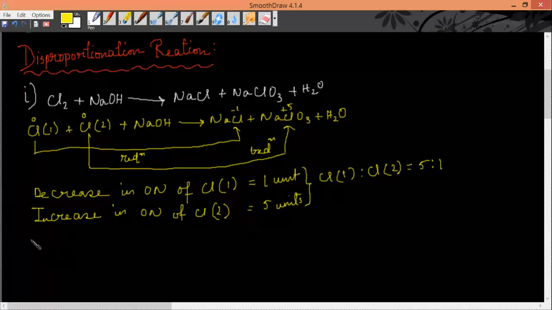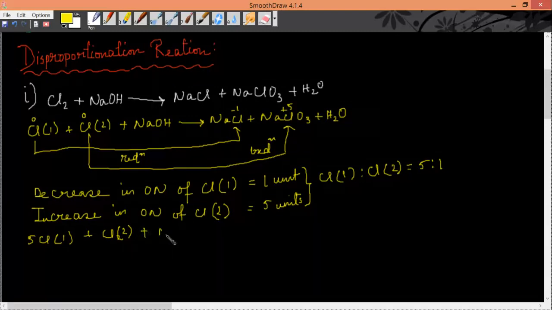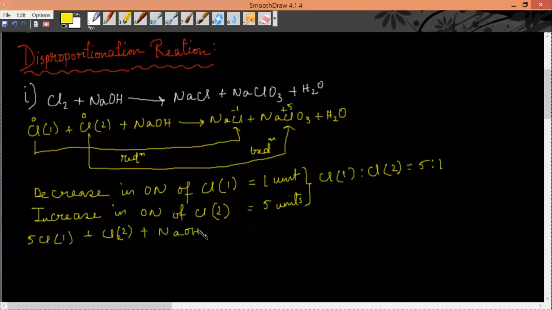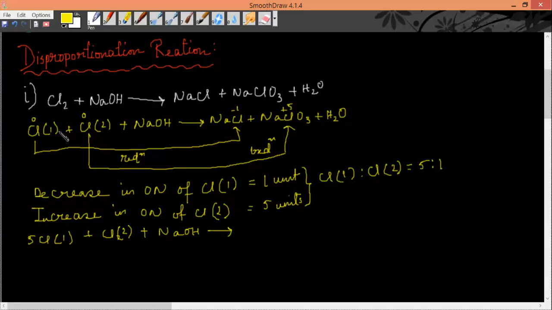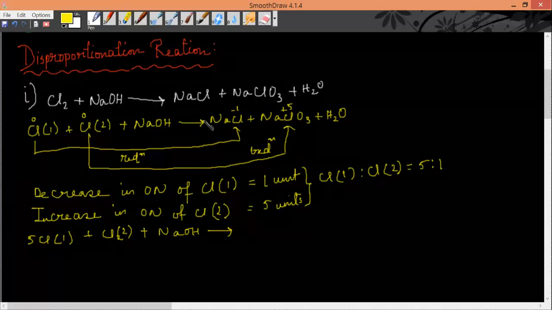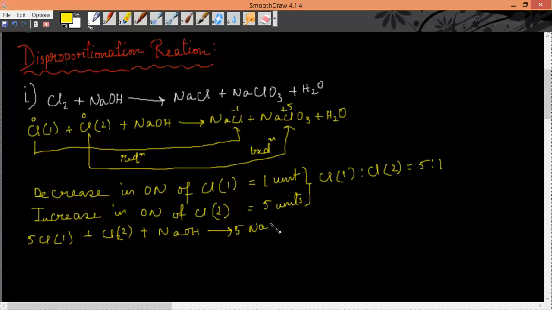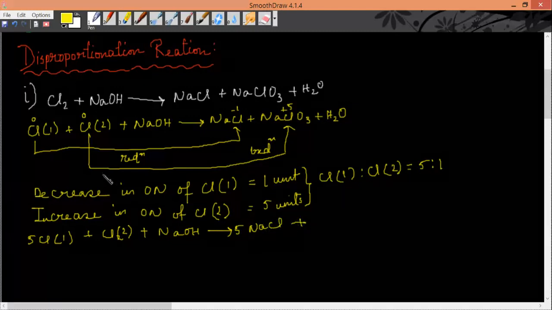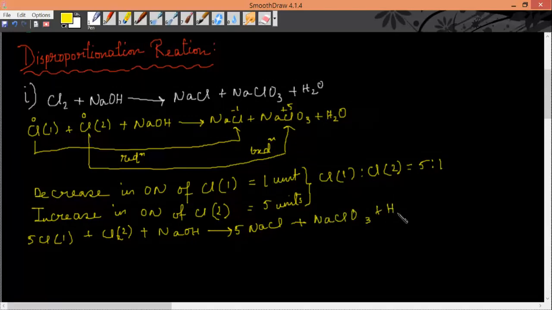We have 5 Cl plus Cl plus NaOH to give 5 NaCl and 1 NaClO3 plus H2O.